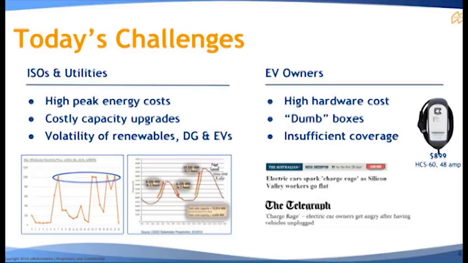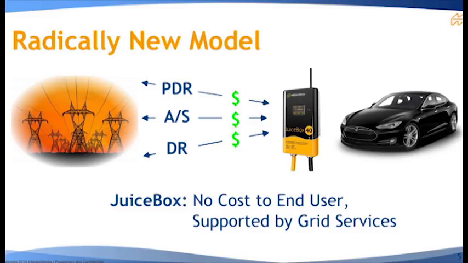If you reduce these peaks, you can get paid for it. They've come up with a model that says they'll give you a discount or a fully discounted charger if you let them pick when you're going to charge your car. So they'll run their pseudo demand response, ancillary services and demand response programs from their connected EV charger.